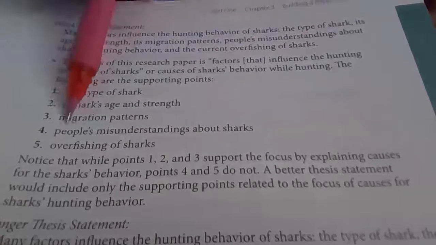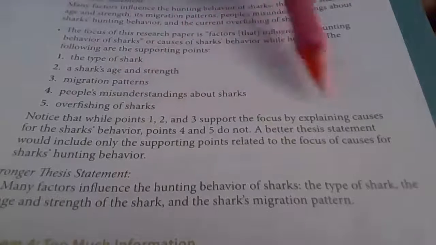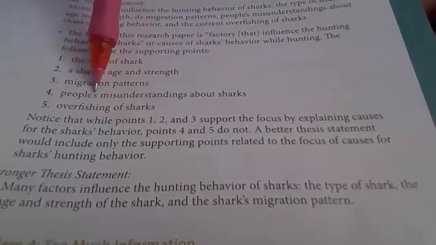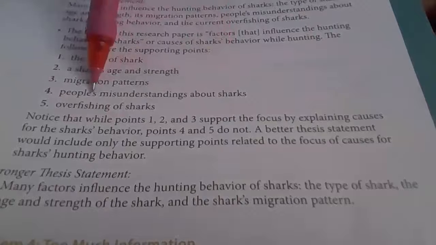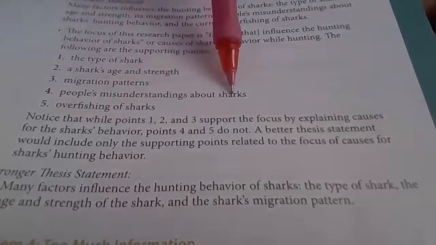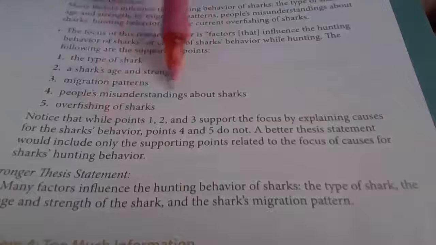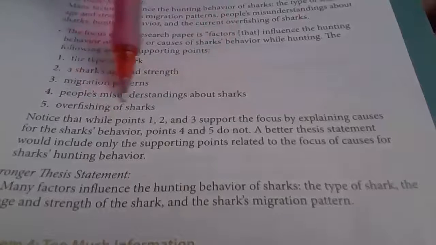So we have all 5 as supporting points, but the problem is points 1, 2, and 3 can help explain the causes for sharks' behaviors, but 4 and 5, people's misunderstandings about sharks, no. Whatever I think about a shark does not affect the shark's behavior. The shark doesn't even know what I'm thinking about sharks. And number 5, overfishing of sharks.